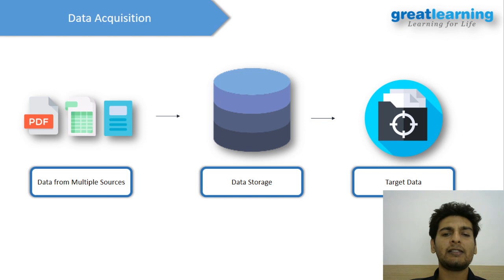That single place could be our data warehouse. So we are integrating all of this data and storing it into a data warehouse. Now, once that is done, we'd have to choose our target data, or basically one particular domain of that entire data on which we'd want to build our machine learning models and find some insights out of it, right? So this is where we are acquiring the data.